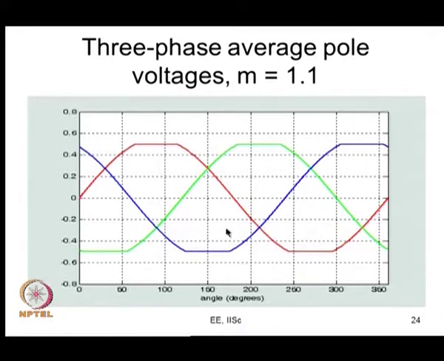So, we are going to look at these things. Here, our depth of overmodulation is not very high, I would say. So, let us see. This is the region during which R phase is not switching.